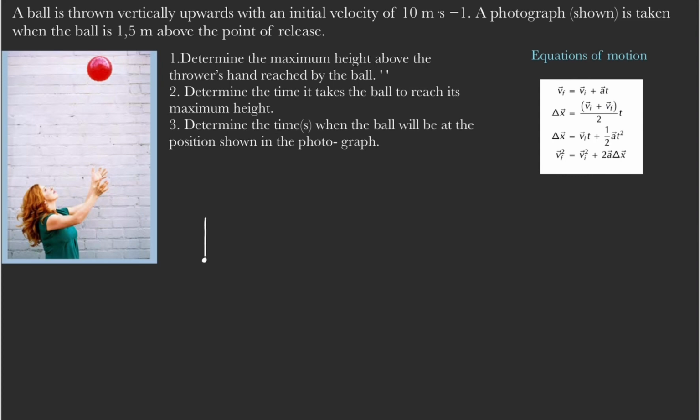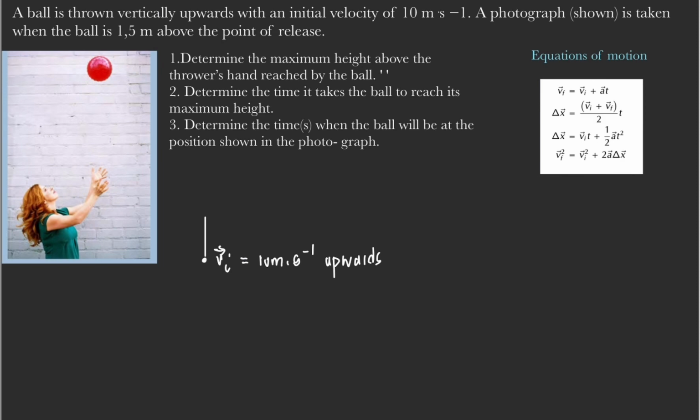We are told that it moves at an initial velocity. So here on the ground, the initial velocity, indicated by Vi, is equal to 10 meters per second upward.